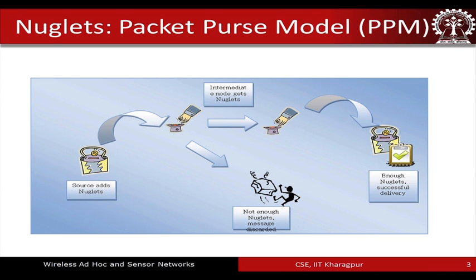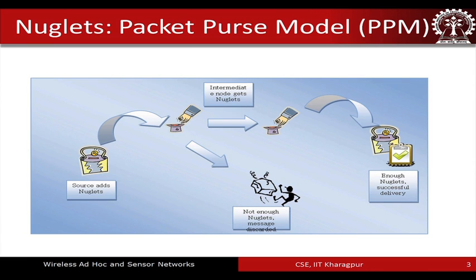So the onus is on the source node to add enough nuglets to the packet to ensure that the packet will eventually be delivered to the intended destination node.